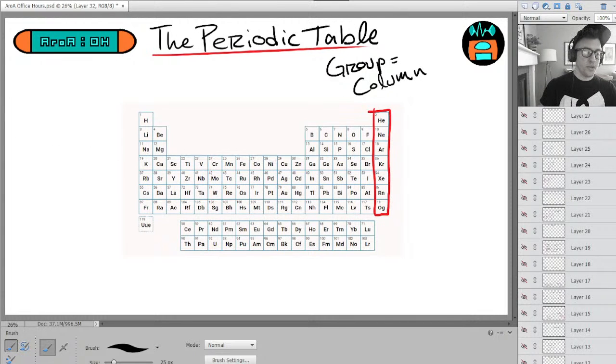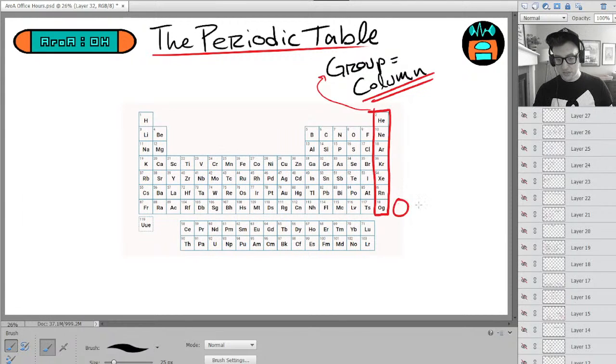All right. So the group, a periodic group, is equal to a column on the periodic table. So we would say that helium, neon, argon, krypton, xenon, radon, and the original gangster down here are all part of the same group on the periodic table.